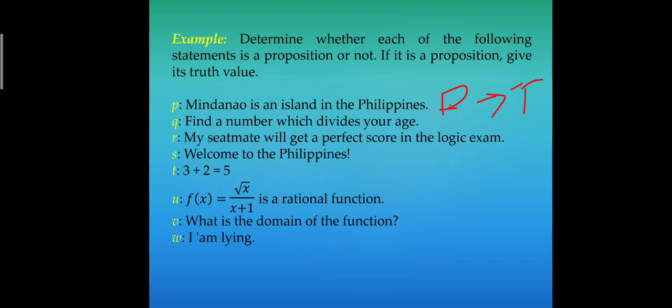The same conclusion can be drawn if W is assumed to be false. So therefore, since the statement presents ambiguity, it is vague, we cannot consider this a proposition. I hope that is clear.